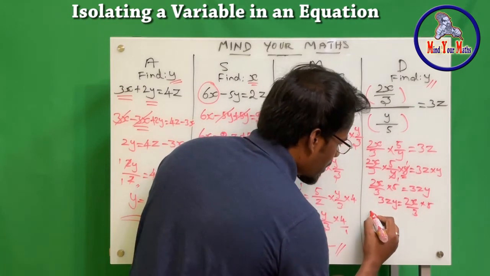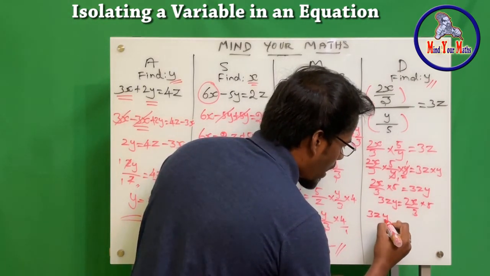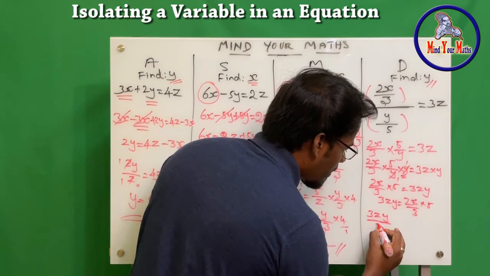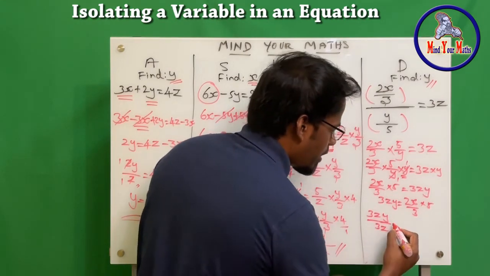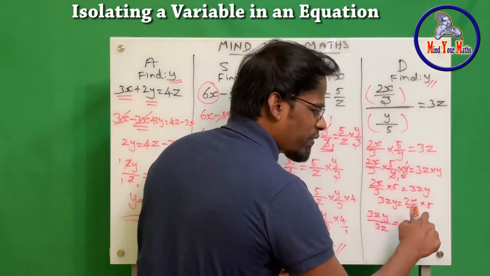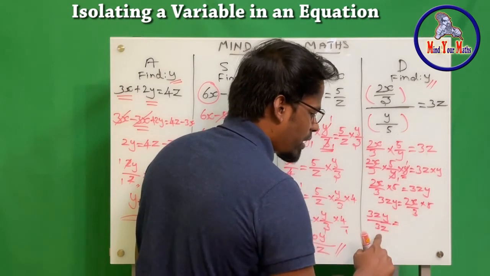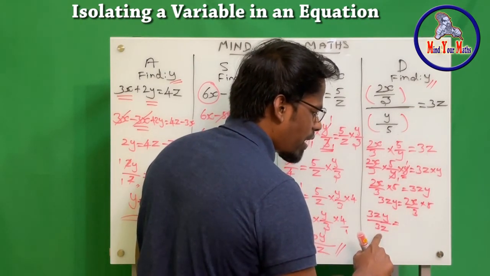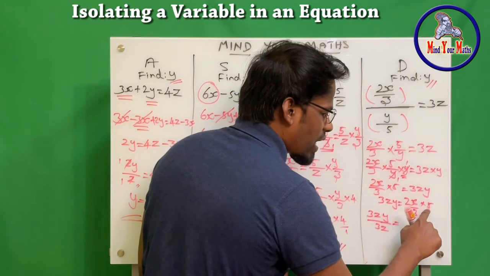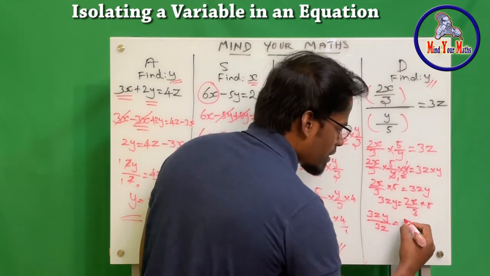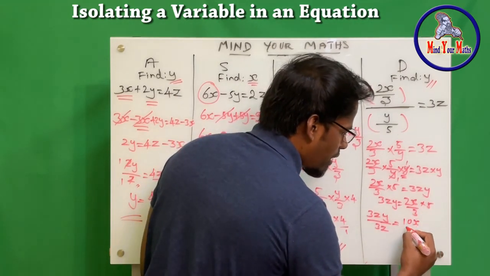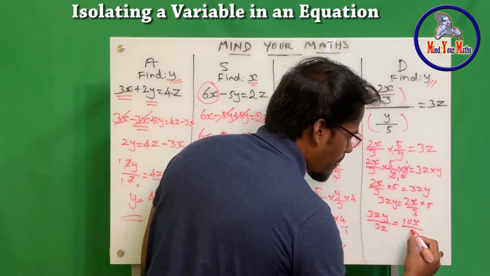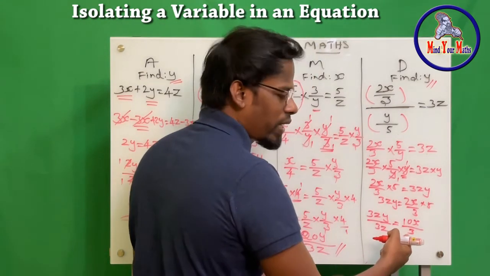So let's write it. 3zy divided by 3z equals, let's simplify this one first before we divide using the 3z. So 2x times 5 becomes 10x, and then divide by 3. That's what we get here, right?